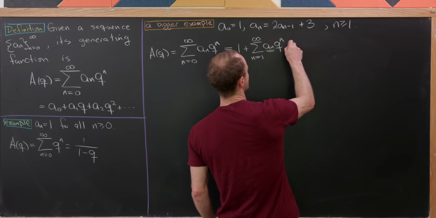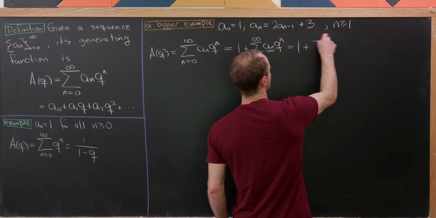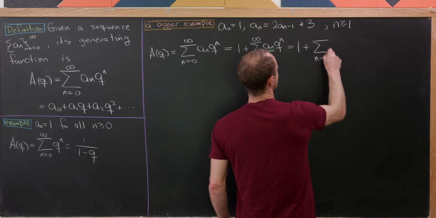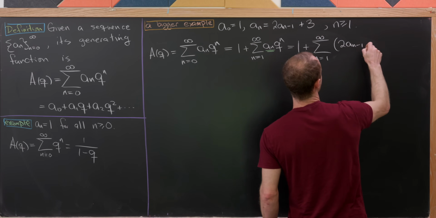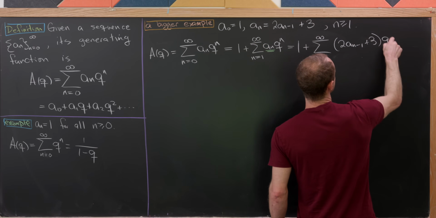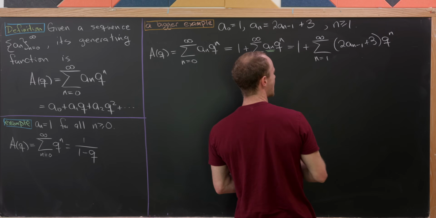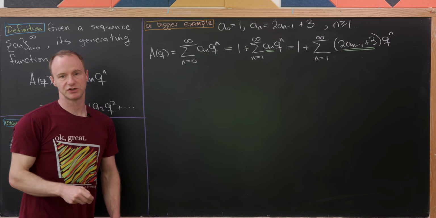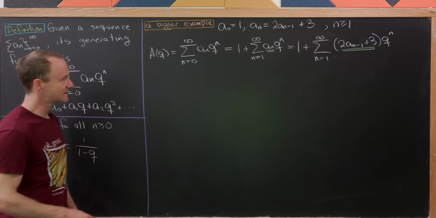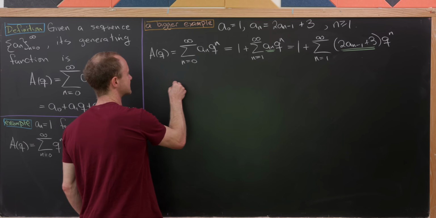So let's make that rewriting step. So now we have 1 plus, we've got our sum as n goes from 1 to infinity, but now we have 2 a sub n minus 1 plus 3 times q to the n. And now let's maybe underline this in green. That is the substitution that we made. Now let's split this into pieces.